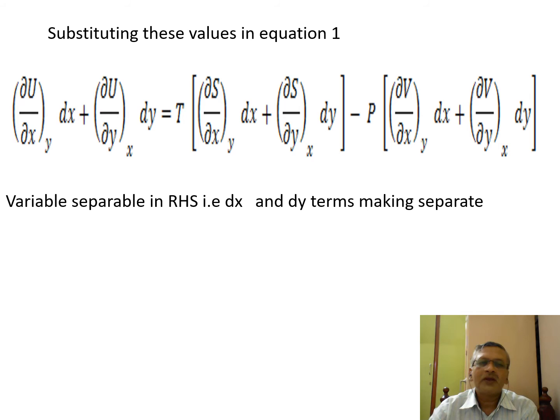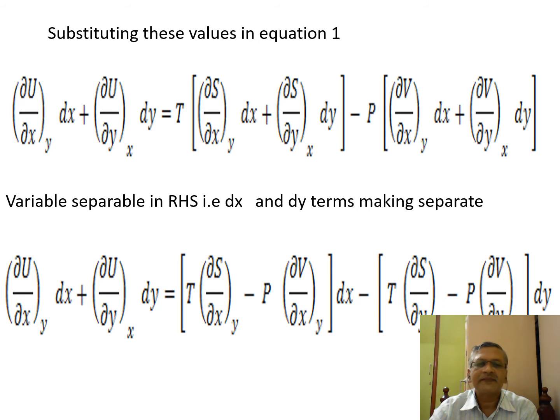Now we can collect the RHS terms of dx separately and dy separately. We will get: dou U upon dou x keeping y constant into dx plus dou U upon dou y keeping x constant into dy is equal to, with the LHS remaining the same, the first term of the RHS and the third term of the RHS at dx, and then the dy terms separately.